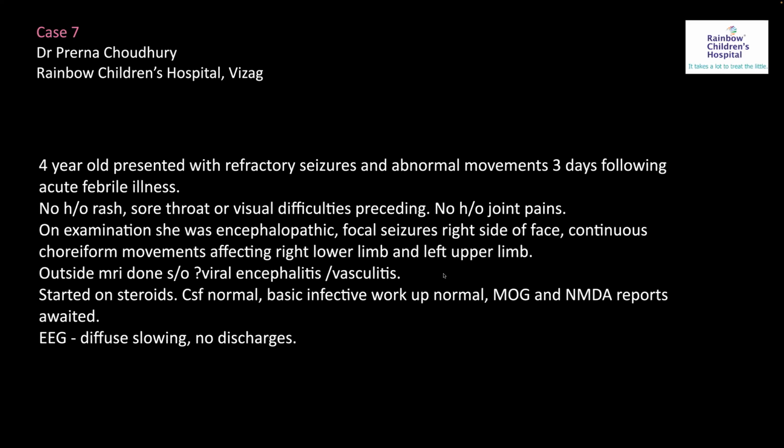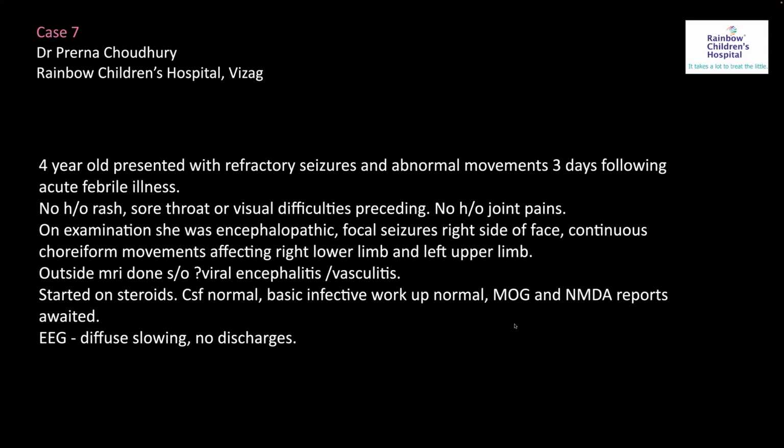On examination, she was encephalopathic. Her EEG, I think it was taken probably post phenobarbital, so it showed electroclinical dissociation. There was just slowing on the EEG, but no epileptiform discharges were seen.